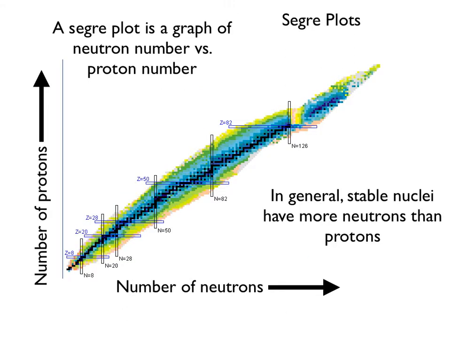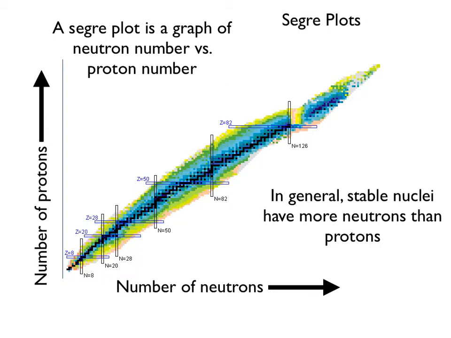The greater the number of protons in a nucleus, the greater the repulsive force trying to break the nucleus apart. That's, of course, because protons, all being positive, repel one another. Neutrons contribute to the strong nuclear force, which keeps the nucleus together. As a result, large nuclei need more neutrons if they are to be stable.